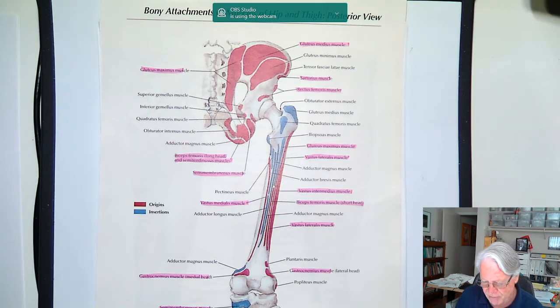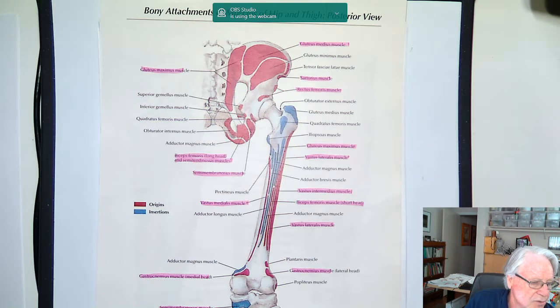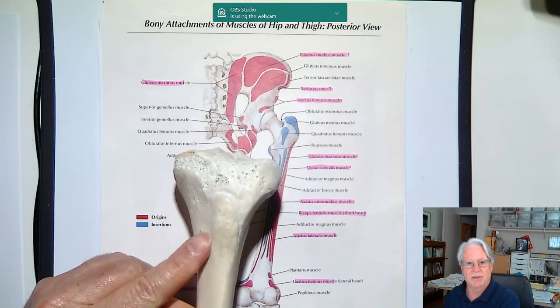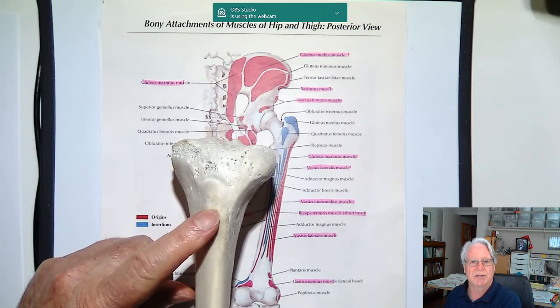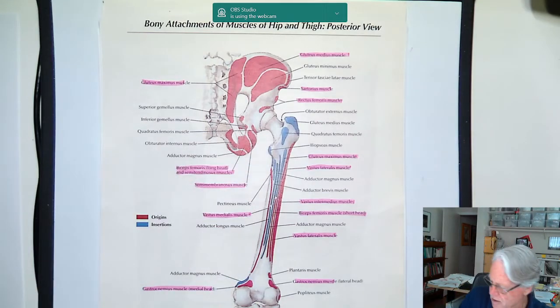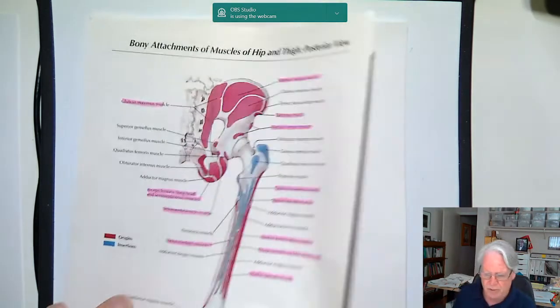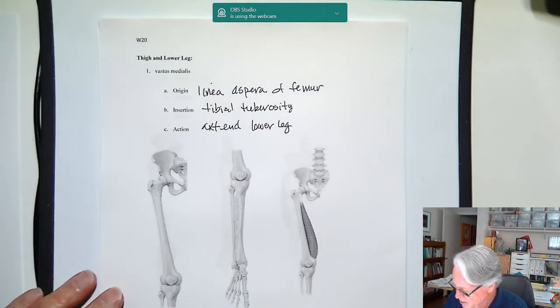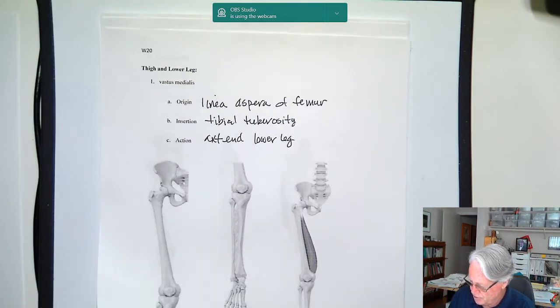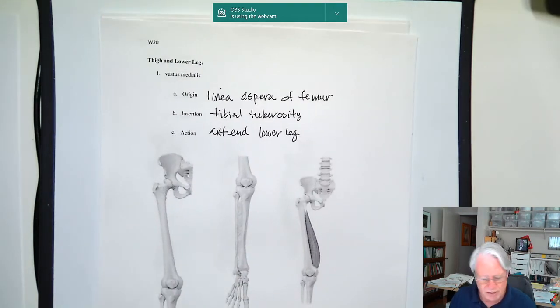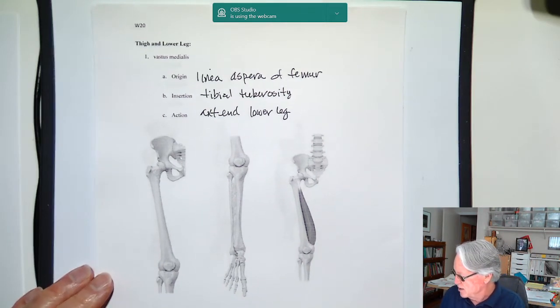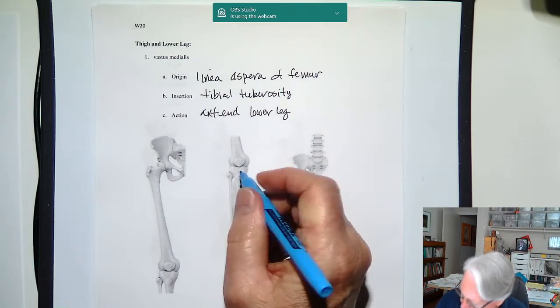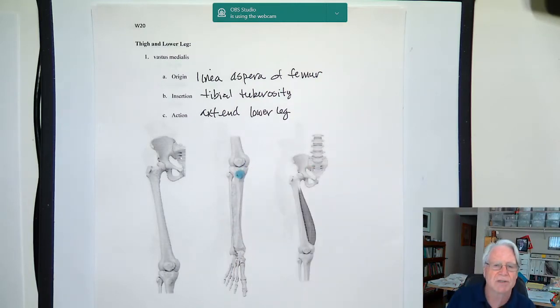And then the insertion obviously is the tibial tuberosity. Let's grab a bone there. That's this location right here, the tibial tuberosity, so let's mark that on the bones. Unfortunately, I made a boo-boo here because I didn't show you the anterior part of the femur, so I can't show you that, but I can mark this, which is the insertion for this muscle.